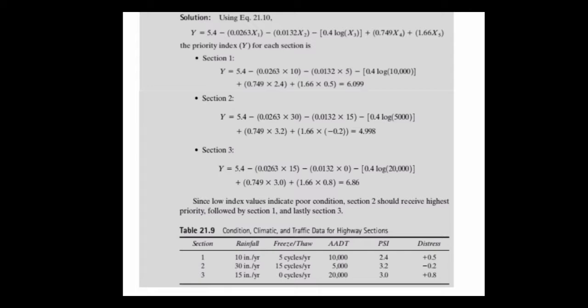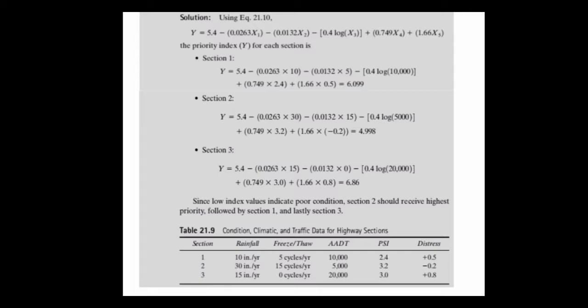So the priority index, or the y for each section, is, in section 1, y equals 5.4 minus, substituting all the values of x sub 1, x sub 2, x sub 3, x sub 4, and x sub 5. We have obtained the value of y in section 1 as 6.099.